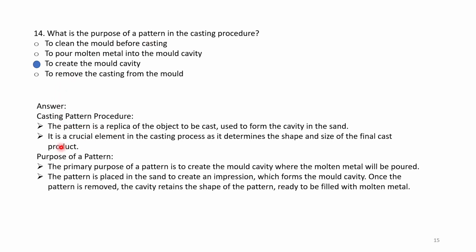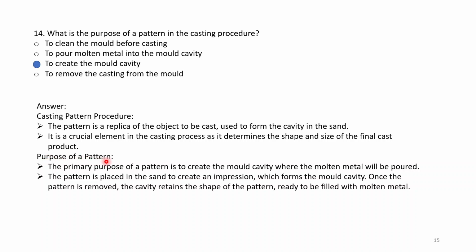So the pattern is a replica of the object to be cast, used to form the cavity in the sand, and it is a crucial element in the casting process as it determines the shape and size of the final cast product.